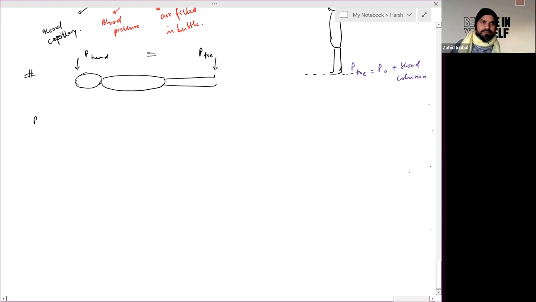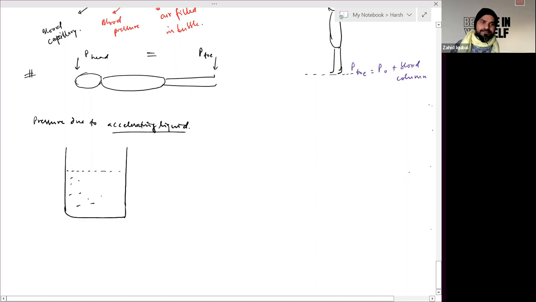Next is pressure due to accelerating liquid. Suppose you have a vessel in which the level of liquid is at this point.